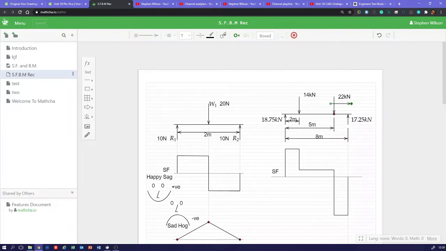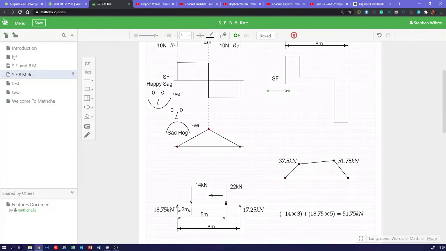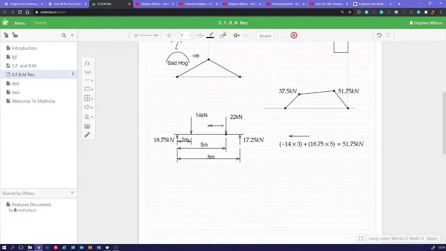And we said 17.25 multiplied by the 3 meters from here to here. But for the sake of completeness, let's just double check that. So that was going to the left, and so now we'll try to the right, and we'll just put that in a sum so we can just double triple check that we're absolutely correct.